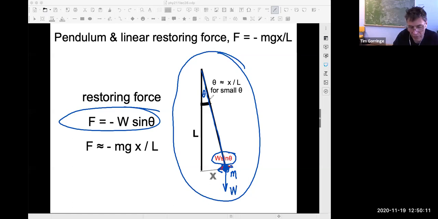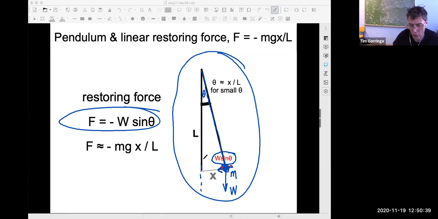That angle, measured in radians, is equal to the ratio x over L. x is the distance of the mass from the equilibrium point, this vertical line here, and L is the length of the string.